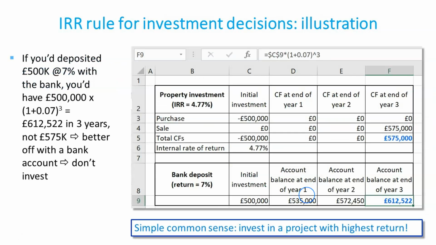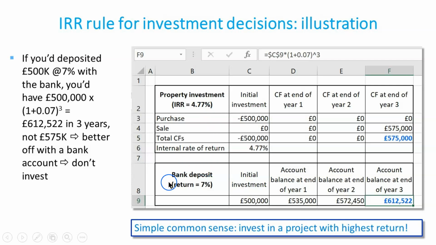This table actually illustrates this idea. It allows us to compare two alternatives. So first part, top part of the table shows our property. It shows that we are able to get 575,000 at the end of year 3, and internal rate of return is 4.77%.